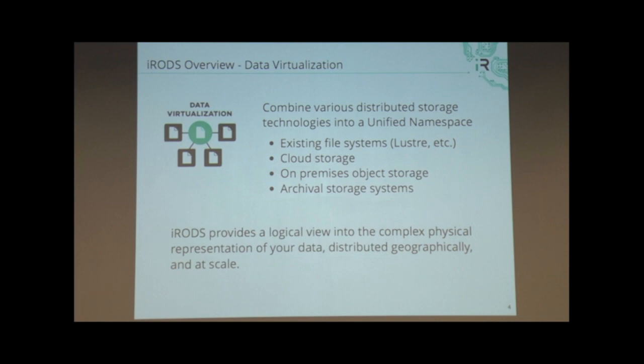It could be just a Unix file system, Lustre, object stores, a web server, Amazon storage, things like that. And the user doesn't have to know the details about the storage or the replication within the system. As we say, we provide a logical view into the complex physical representation of your data.